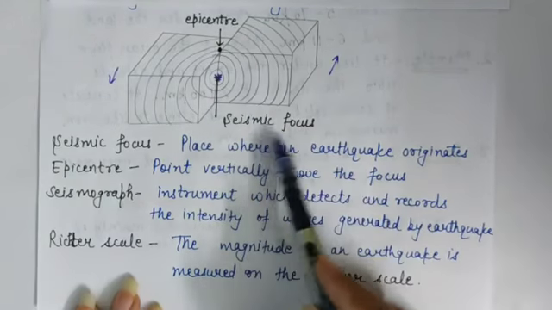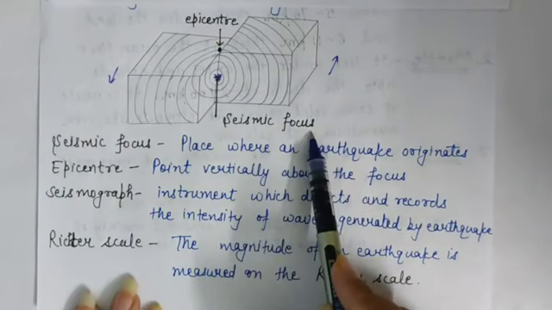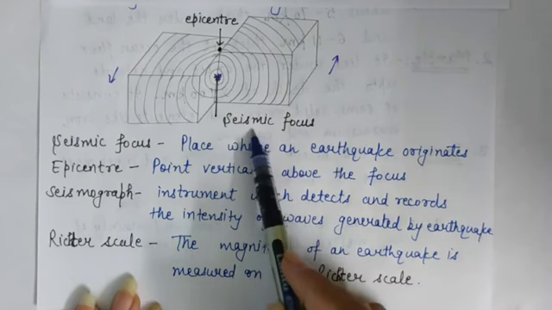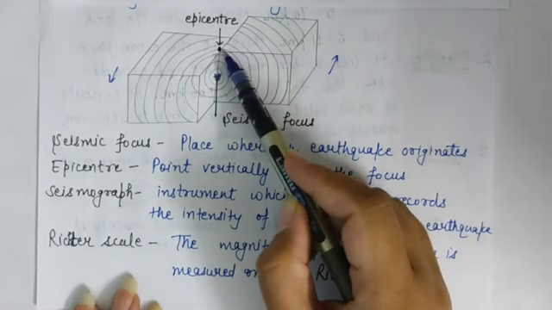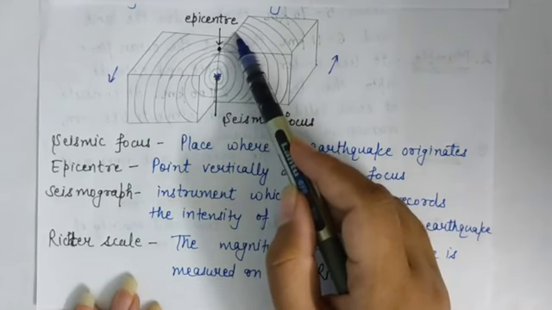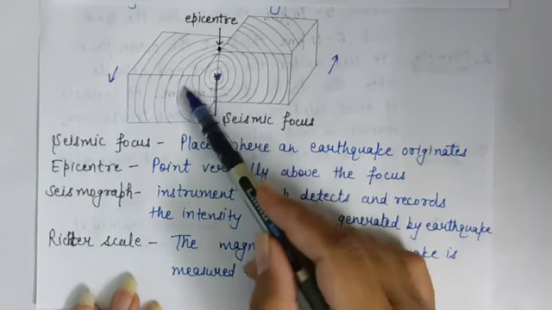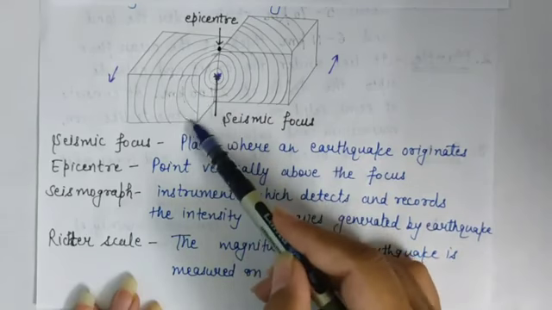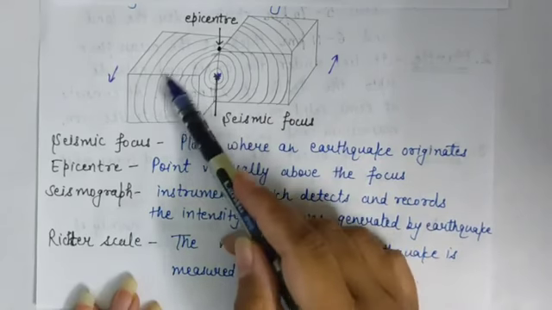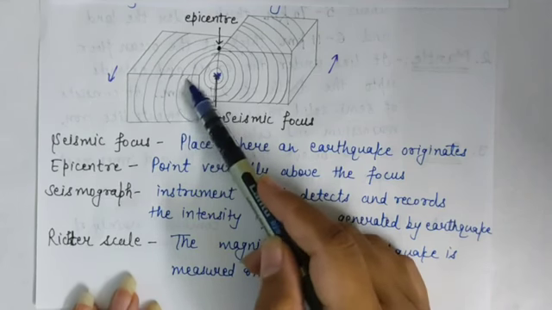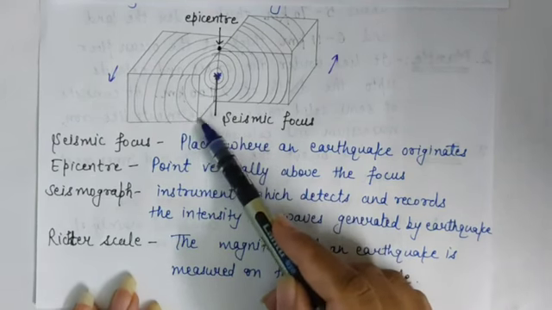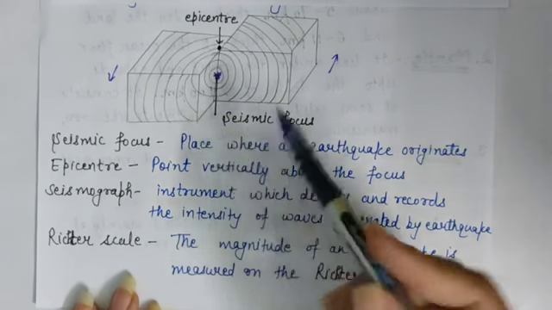Okay, what is the seismic focus? The place from where an earthquake originates. And the point which is vertically above the focus is called the epicenter. And these lines represent the waves which are formed by the earthquake in the tectonic plates, and these waves are called seismic waves.